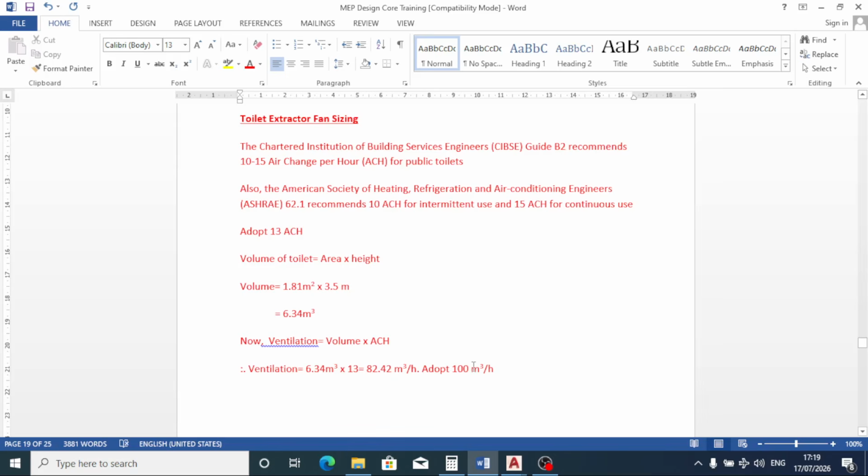So we are going to adopt 90, which is the next capacity, 90 meter cube per hour. So for every hour, this extractor fan will evacuate 90 meter cube of polluted air. That is in 13 air changes.